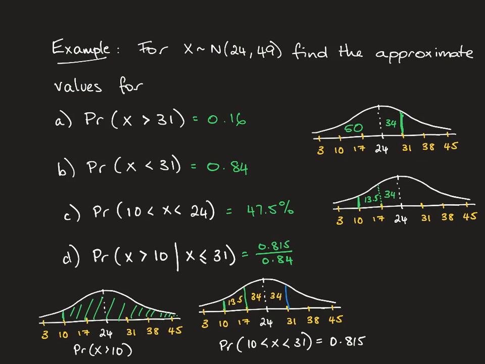So we're actually looking for what proportion is in between those two marks there. And when you add them up, you get 0.815, which is your intersection divided by less than or equal to 31. Now, the probability that it's equal to 31 is 0, so it's just exactly the same as the probability that it's less than 31, because this is conditional probability. Okay, let's have a look at something else.